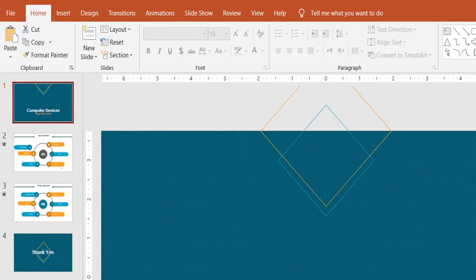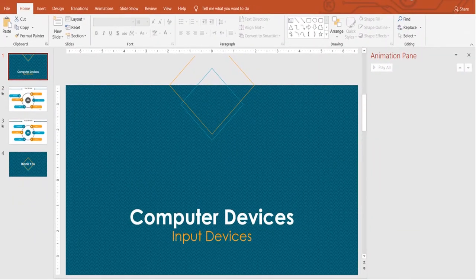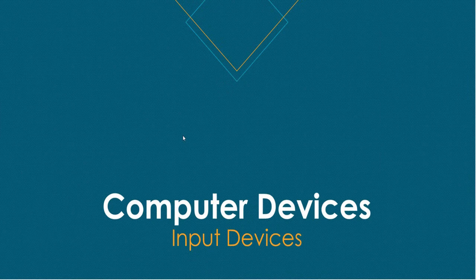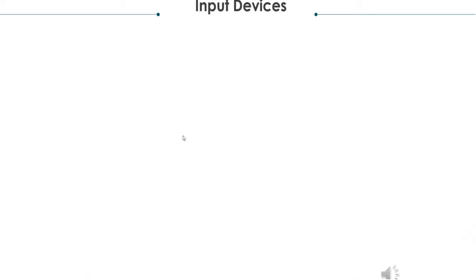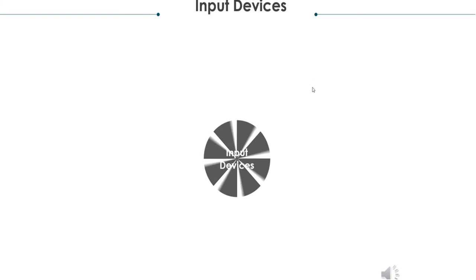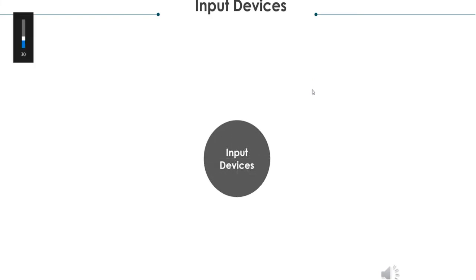So let's see. I start off my slide deck. Over here you can see I didn't click the hide during show button, so it's there. So once I click on this slide deck, it has started to play. Let me just increase the volume so you can hear it.